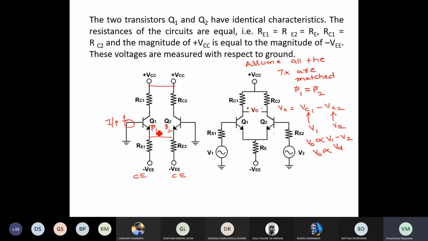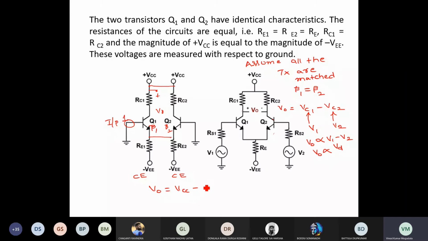Now if you take a single-ended configuration, for example, you take the output voltage here, from this to this, right? How can we write the output voltage?